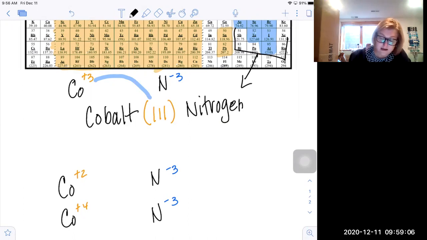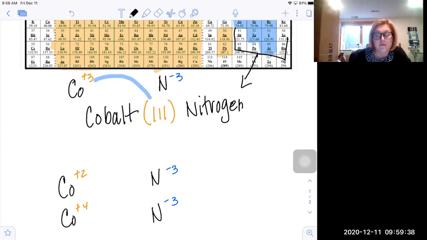Again, in this area of the periodic table, if it's any of these blue ones, they get the ending changed to IDE. So there you go. You have two totally different compounds. Look at these formulas, CoN versus Co2N3. There's only one difference between the two names.